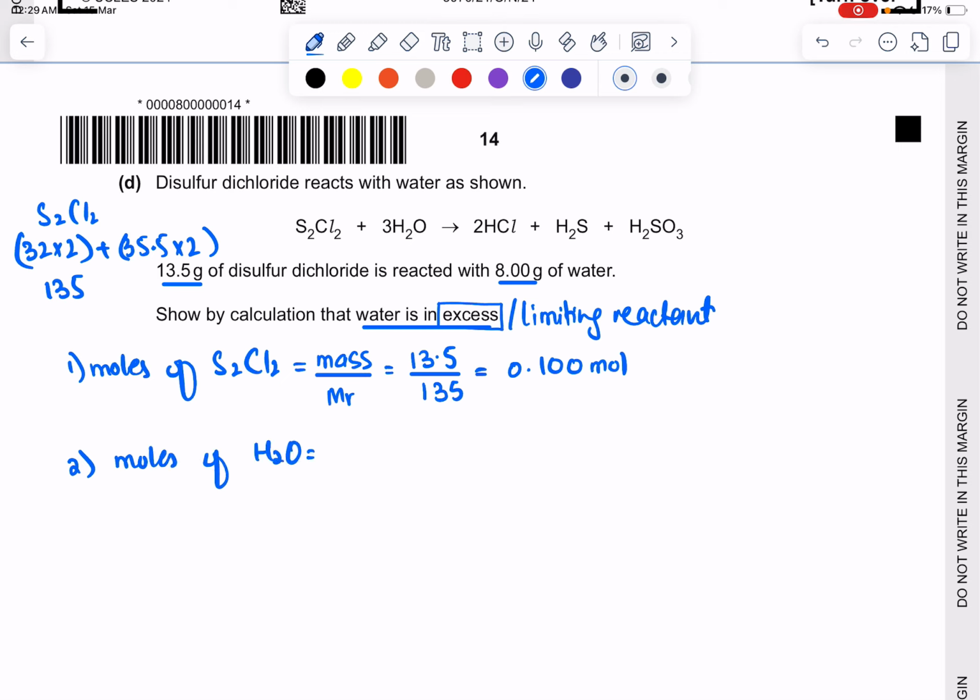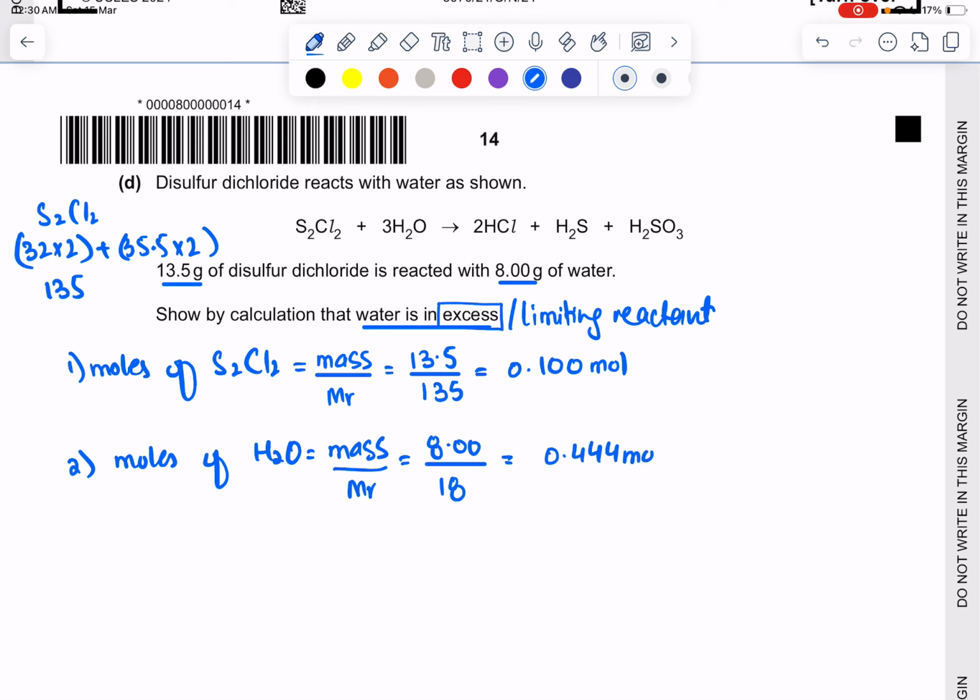For the water, the value is also given in mass, so we'll apply the same formula, mass over Mr. Mass is 8 gram and the Mr of water is 18, because oxygen is 16 and hydrogen is 1, so 2 times 1 plus 16 is 18. So 8 divided by 18 is 0.44 mole.